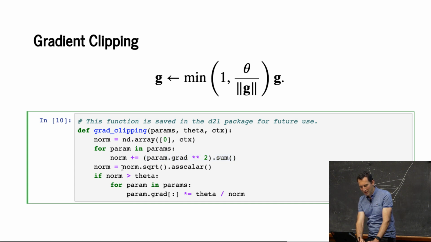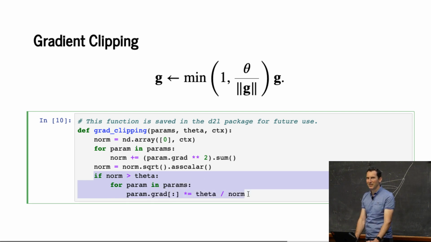Then in the end, take a square root and convert it back to scalar. Now if this norm is longer than theta, then rescale it, and otherwise do nothing. That's this equation up there in code.